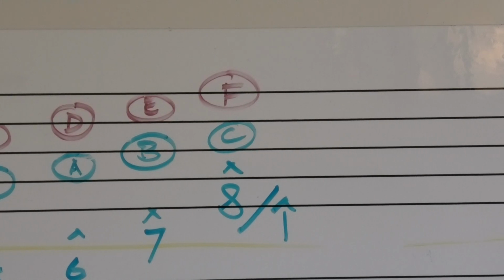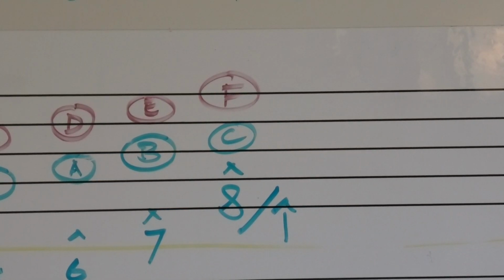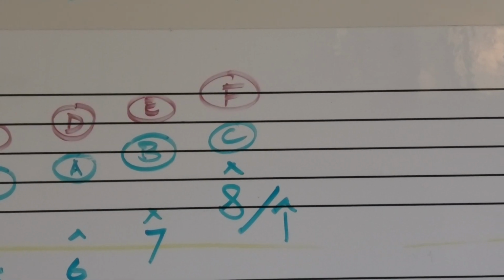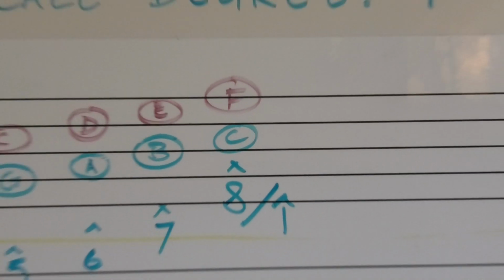Because when you say 1, 2, 3, 4, 5, 6, 7, 1, what you think in your mind is this. We want to think 7, 8, not 7, 1. We want to complete that scale going upward. It sounds good.